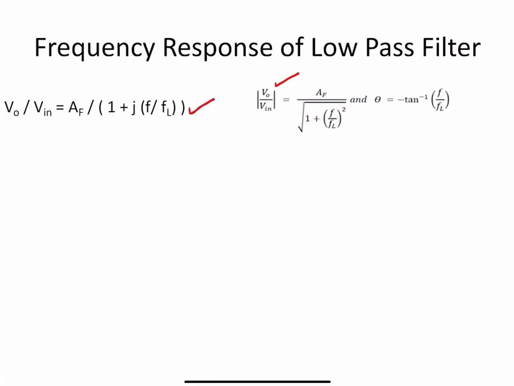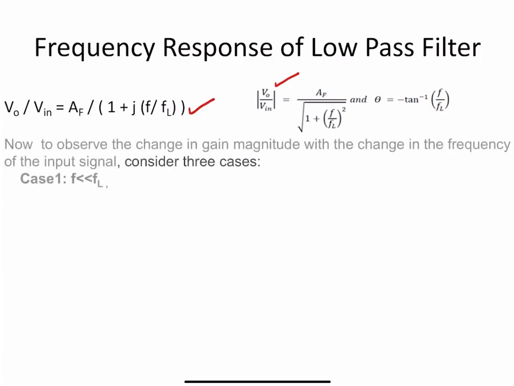Now to observe the change in gain magnitude with the change in frequency of the input signal, we will consider three cases. First case is whenever the input signal frequency is less than the cutoff frequency. At that time, this magnitude V0 by Vin will be AF over under root of 1 plus 0, means f over FL is small and can be neglected.